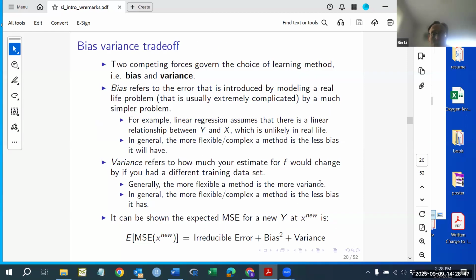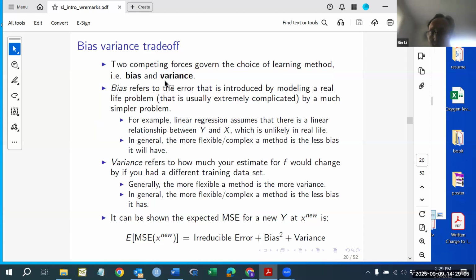Okay, so there are two competing forces that govern the choice of learning methods. I mentioned that before. They are called bias and variance. Okay, so I talked about what bias is and what variance is.